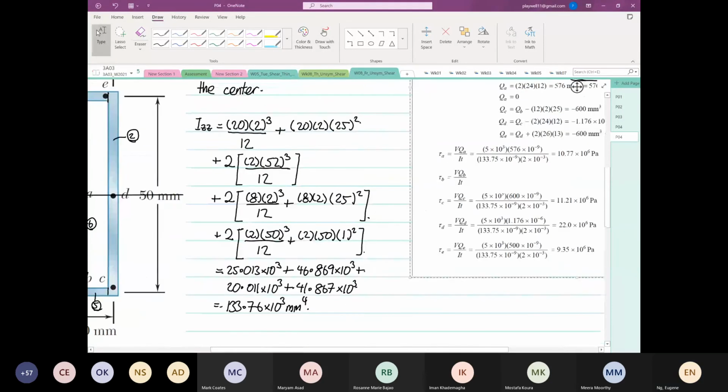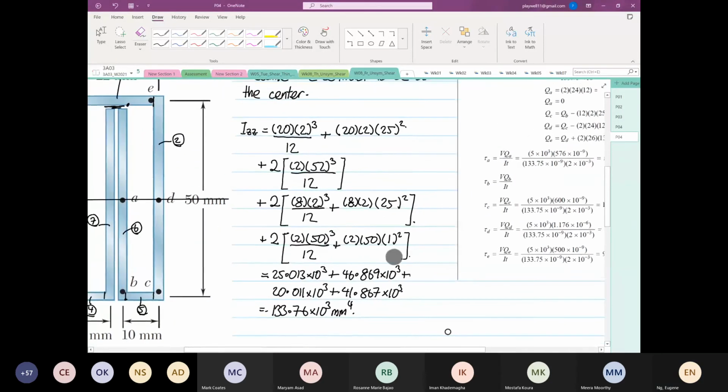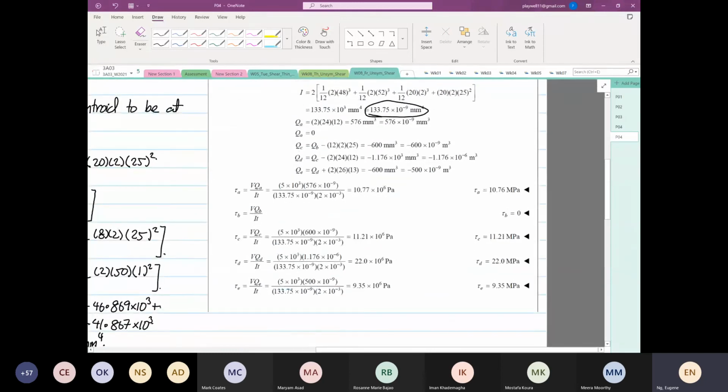Okay, now, if we look at the solution, look at A first, C, then they do D, do E. And as I said before, they are having all this minus sign. When I teach you guys, is there any minus sign in our first moment of area? Yes or no? Come on.